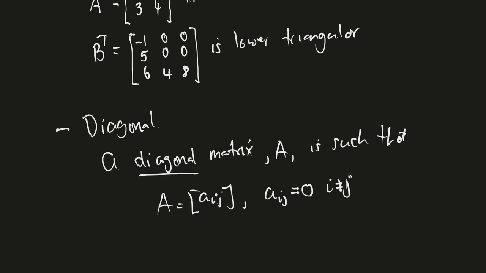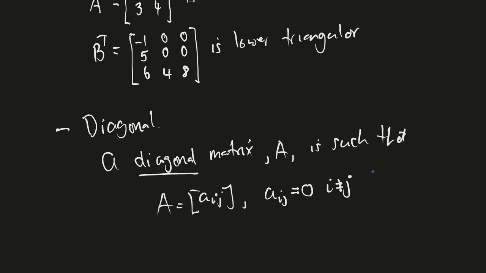And now the diagonal matrix is saying that 0 entries must appear in rows and columns where i is not equal to j. Well, what that means is that a diagonal matrix is both upper and lower triangular. And that's exactly another way that you can define a diagonal matrix.